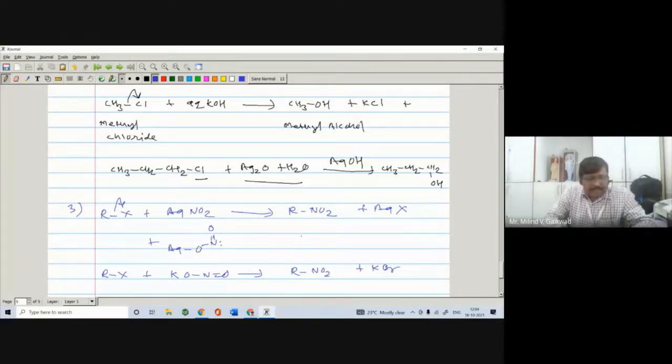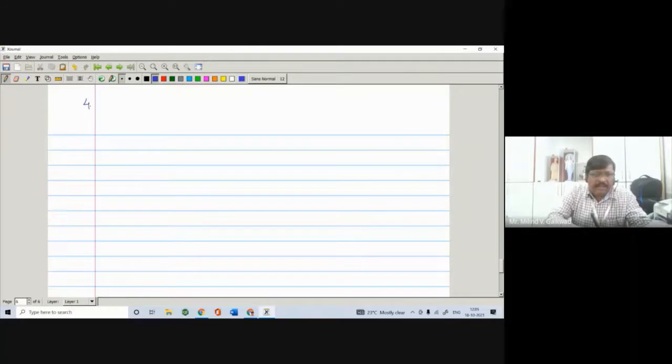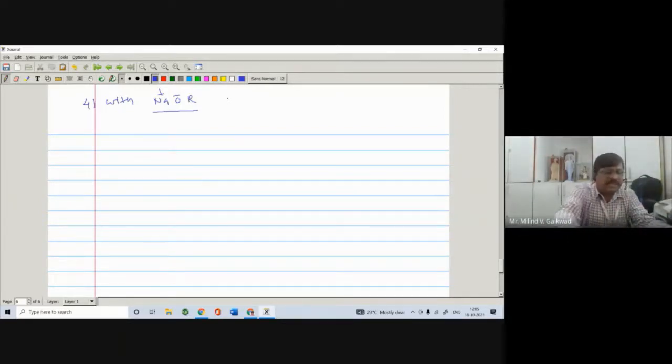Then the chemical reaction we can also write with sodium alkoxide. The next reaction is the reaction of alkyl halide with sodium alkoxide. It is also called the Williamson synthesis reaction.